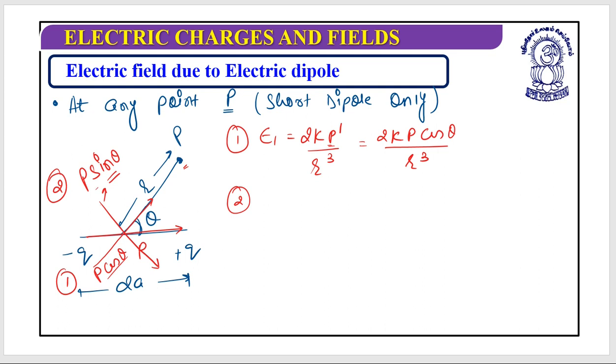Second, for the p sine theta dipole, this is at an equatorial position. So E2 is kp dash by r cube, where p dash is p sine theta, so it is kp sine theta divided by r cube.